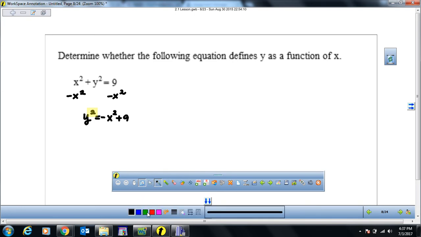Based on what we covered in section P3, a couple of sections ago, remember about the square root, okay? The square root basically represents the same thing as a power of 1/2.